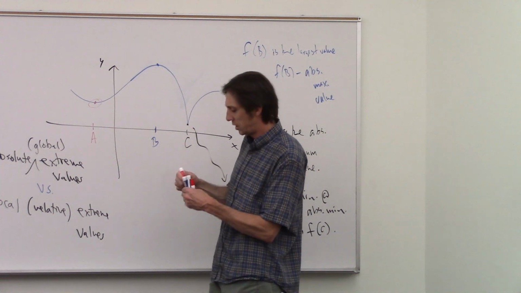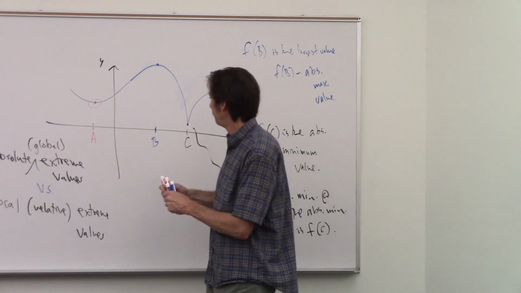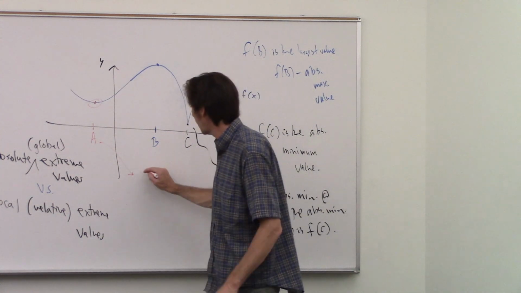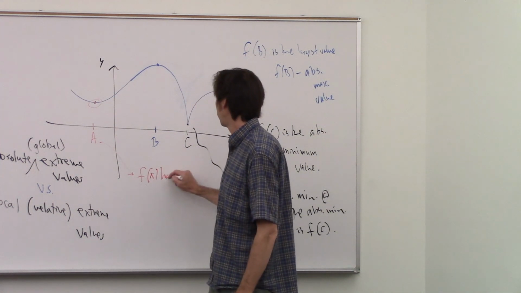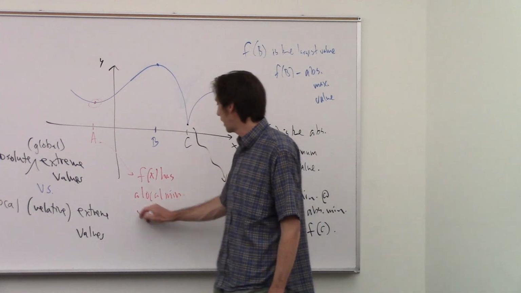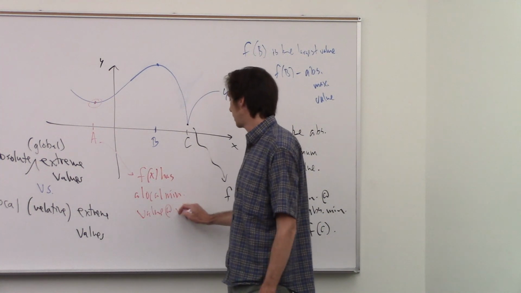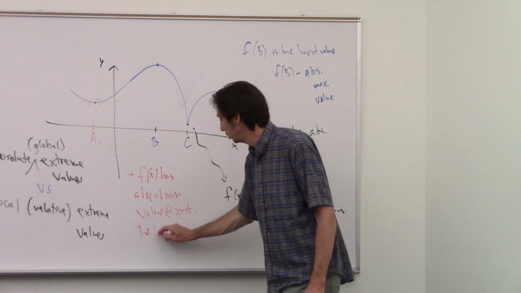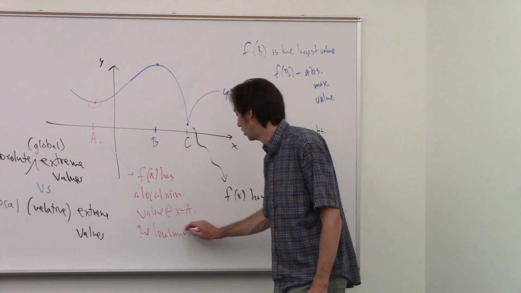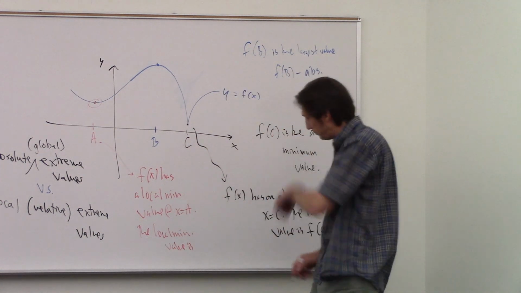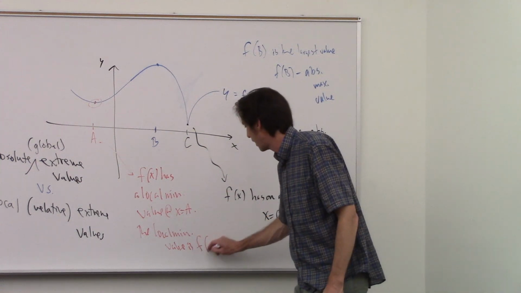And so if that's point A, what we could say is that the function f of x has a local minimum value at x equals A. And we could also say that the local minimum value is f of a.